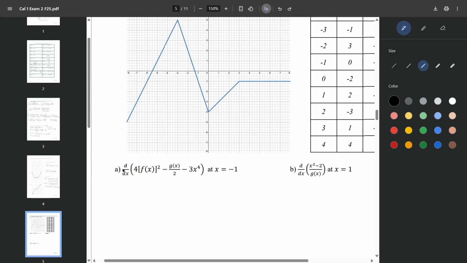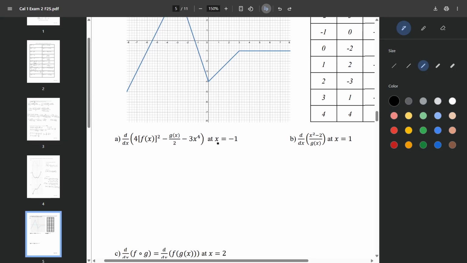So in A, we have the derivative of 4 times f of x squared minus g of x over 2 minus 3x to the power of 4 at x equals -1.